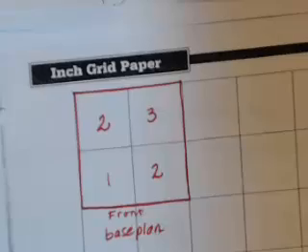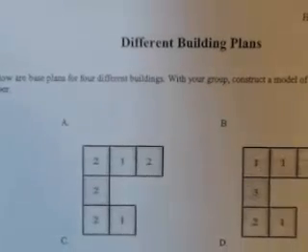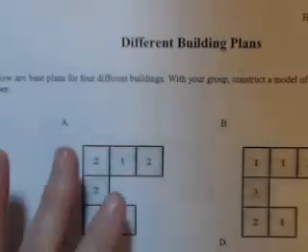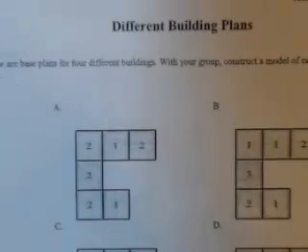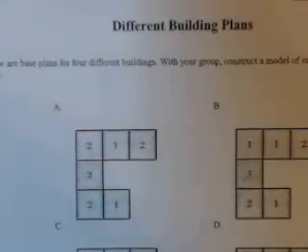So as you have students thinking about base plans, then you should give them blocks and different base plans and have them create those. What would this one look like?